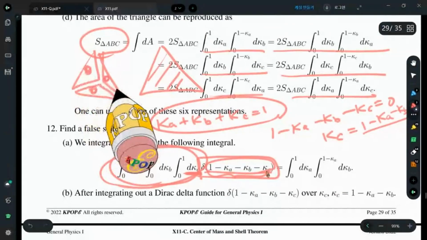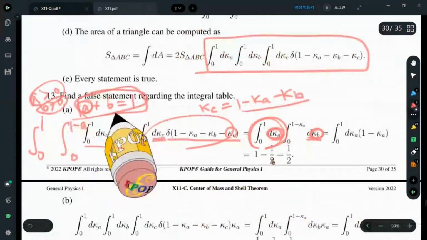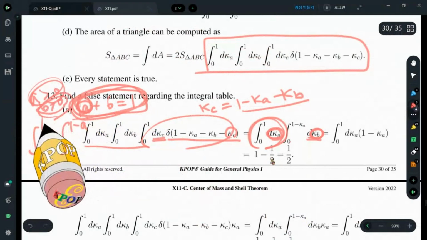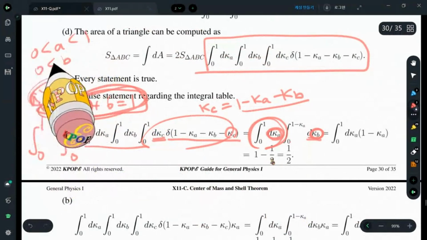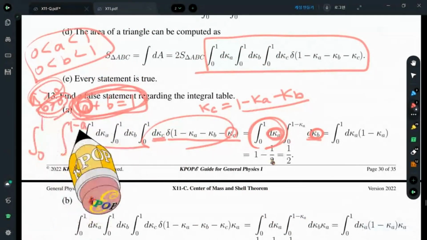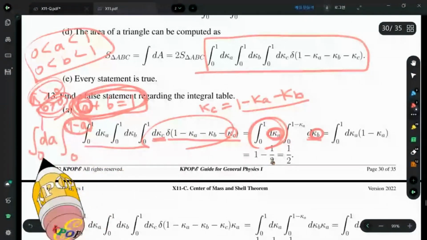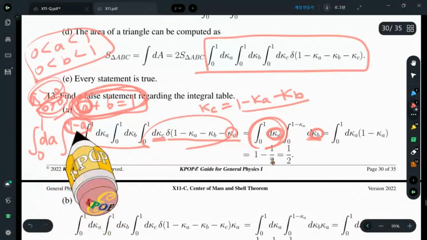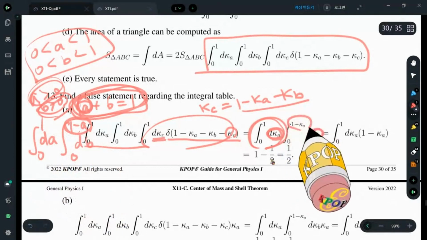This area must be a positive value. So if the sum is 1, and each of them is positive, for example, A is 0 to 1, B is 0 to 1, something like that. In this double integral, the range of A can be extended from 0 to 1, but the range of B cannot be extended to 1, instead 1 minus A. So just like that.